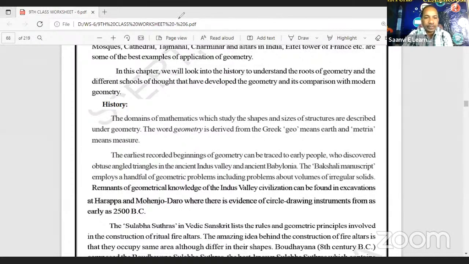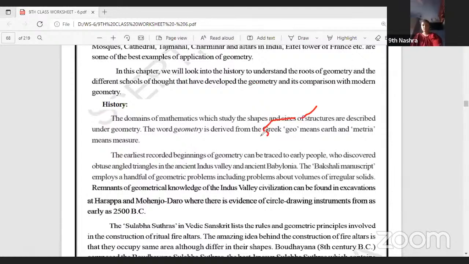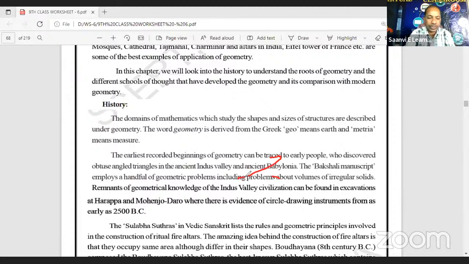The word geometry is derived from the Greek language.